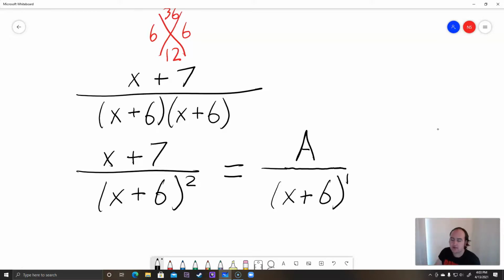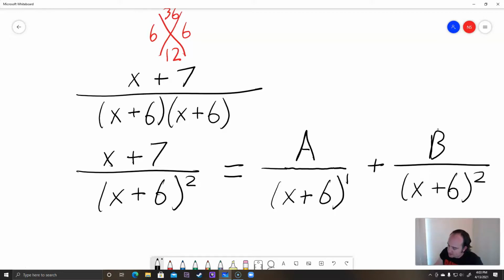Okay, so in the numerator here, we're going to have capital A, which is our unknown. And then for the second fraction, we're going to write capital B over x plus 6 to the second power. Okay, so we have x plus 7 over x plus 6 quantity squared on the left side.